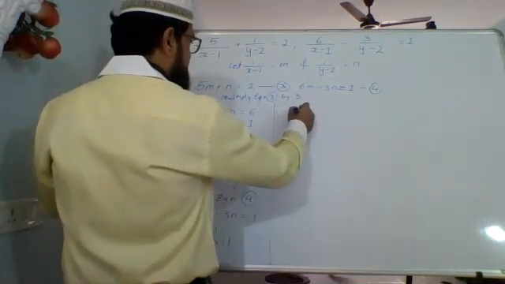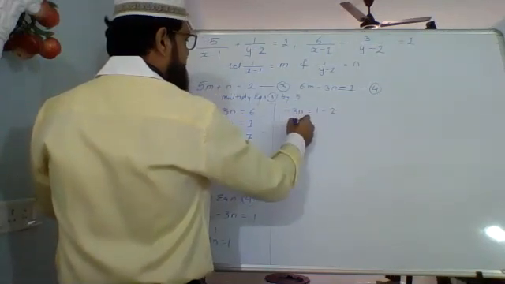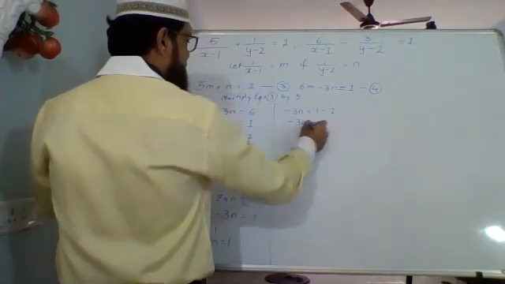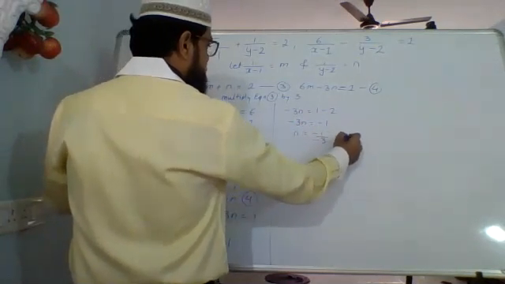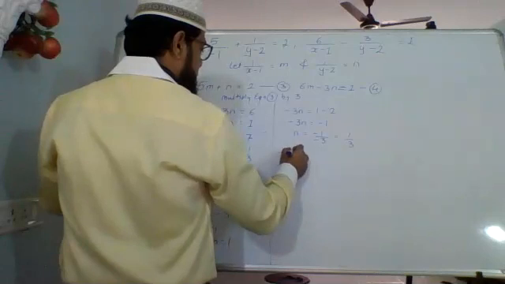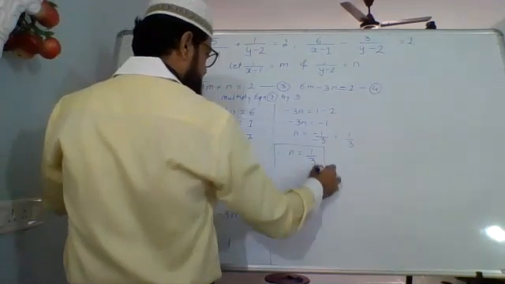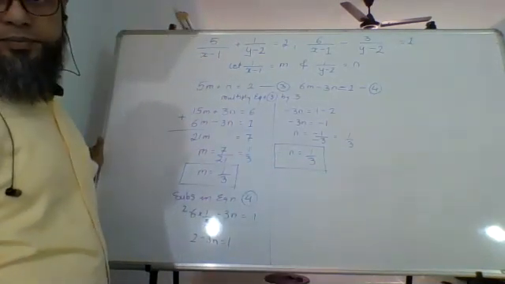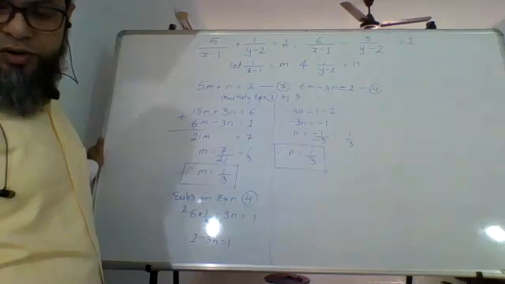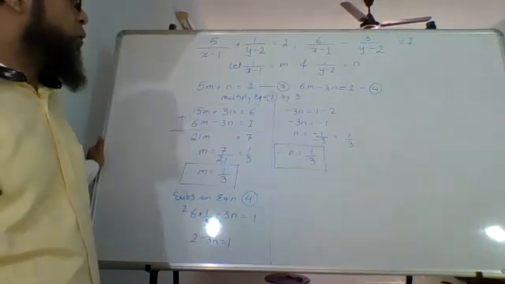So minus 3n equals 1 minus 2, minus 3n equals minus 1. n equals minus 1 upon minus 3, which is 1 upon 3. n is 1 upon 3. So we have got m as 1 upon 3. We have got n also as 1 upon 3.